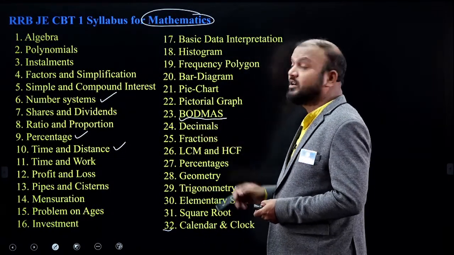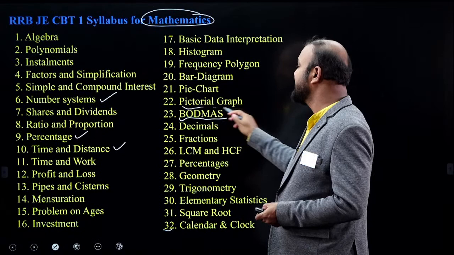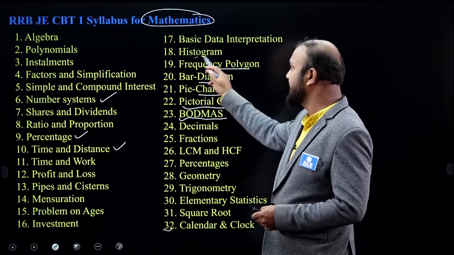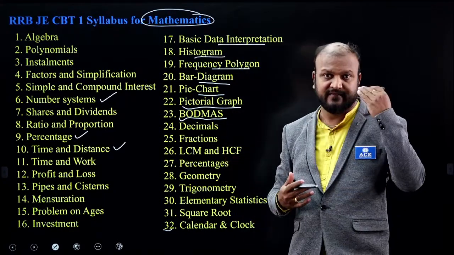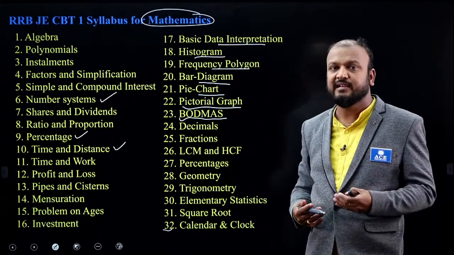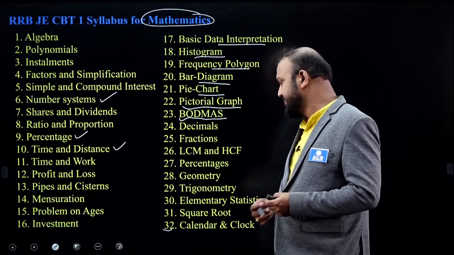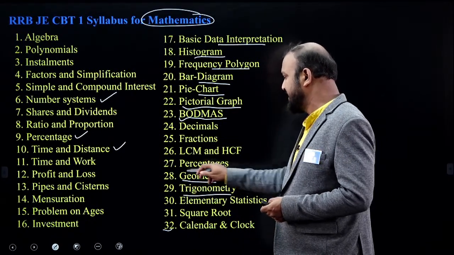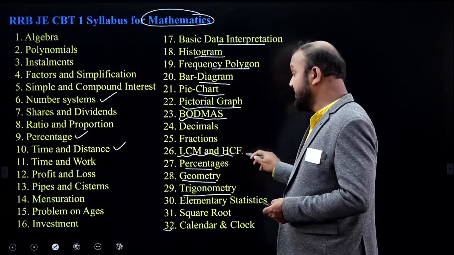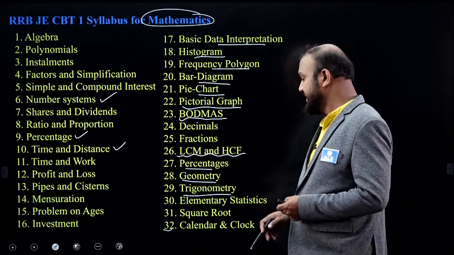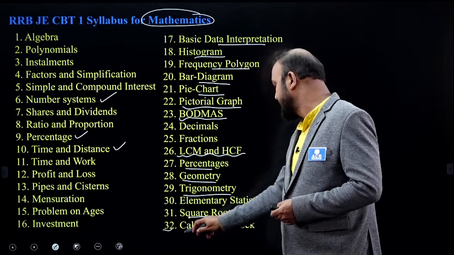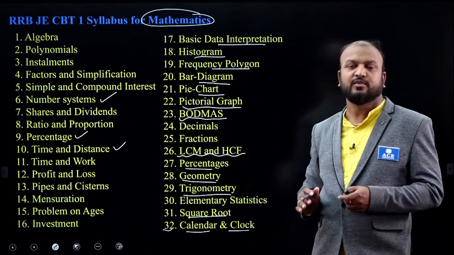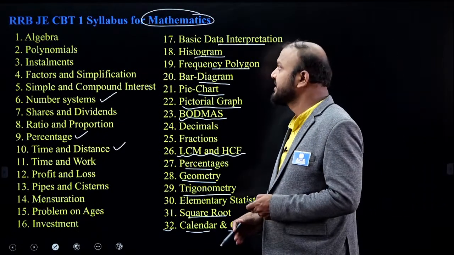And questions related to BODMAS and graphs, pie charts, bar diagrams, polygons, histograms, data interpretation. If some data is given, you have to understand and answer the questions given, right? And questions related to trigonometry, geometry, percentages, LCM and HCF, right? And square roots, calendar and clock. These are the general mathematics that you need to have knowledge of.